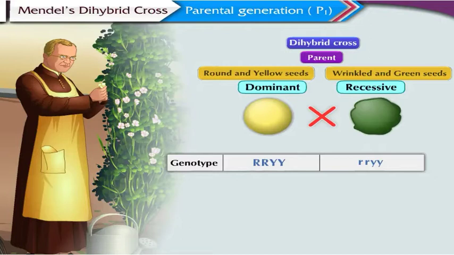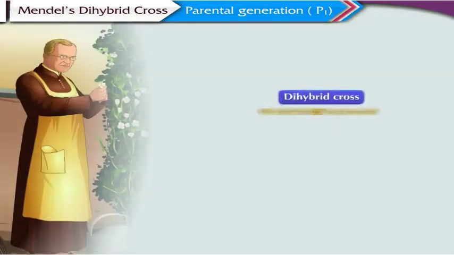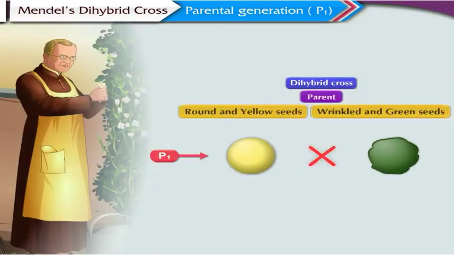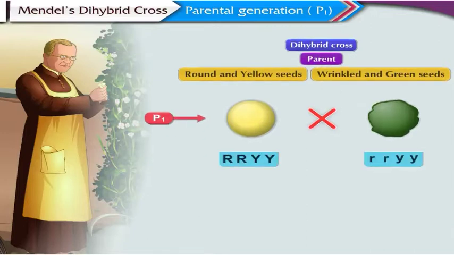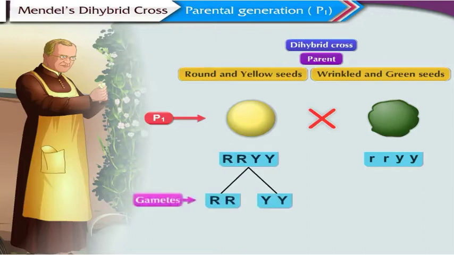Now let us study the gametes formed from the parental generation, P1. When the gametes of the P1 generation are formed, each pair of genes segregates independently from each other, which means that capital R, capital Y would not produce capital R and capital Y gametes separately. It would produce only capital R, capital Y gametes.